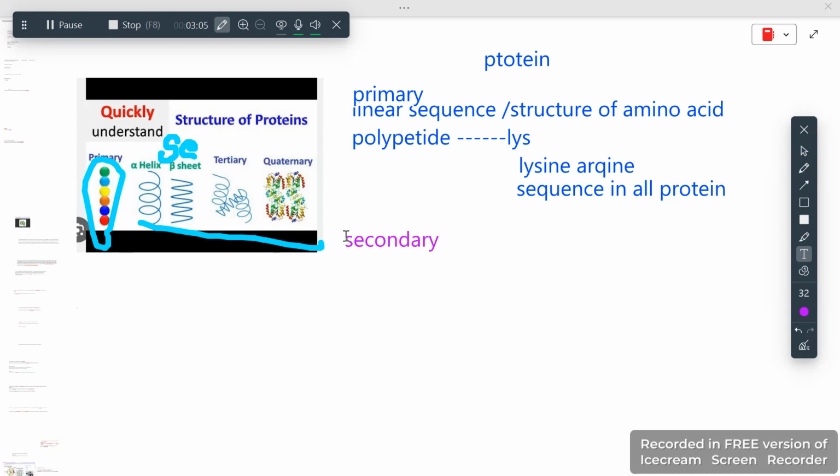So secondary is like a curve; primary was straight, and secondary is like a curve, a zigzag, or any curve which we can look at. Now that is classified into two, which is alpha helix and the second one which we have is beta sheet, or beta pleated.